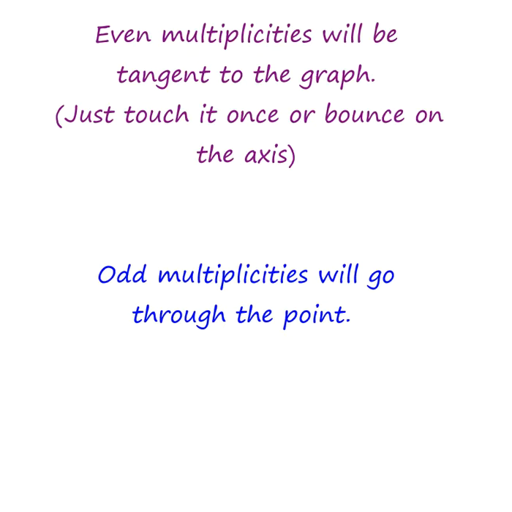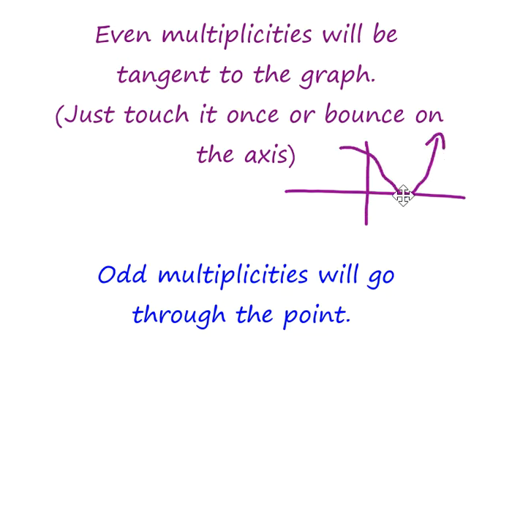So even multiplicities, so that's if it's the power squared or to the 4th or to the 6th or to the 8th, are going to be tangent to the graph. Okay, it's tangent to the x-axis. It's going to basically just touch it once or bounce on the axis, kind of like that.